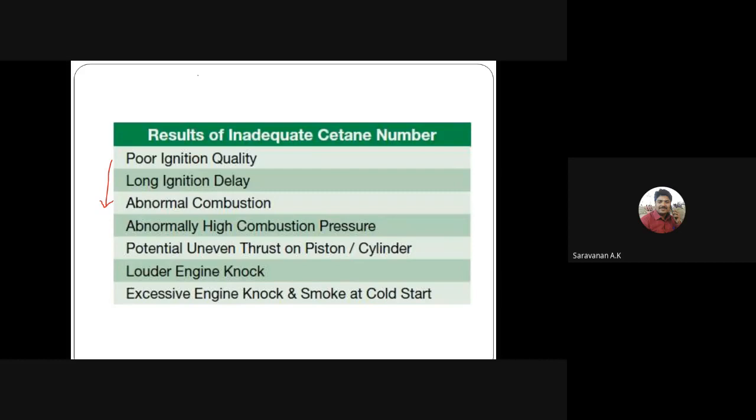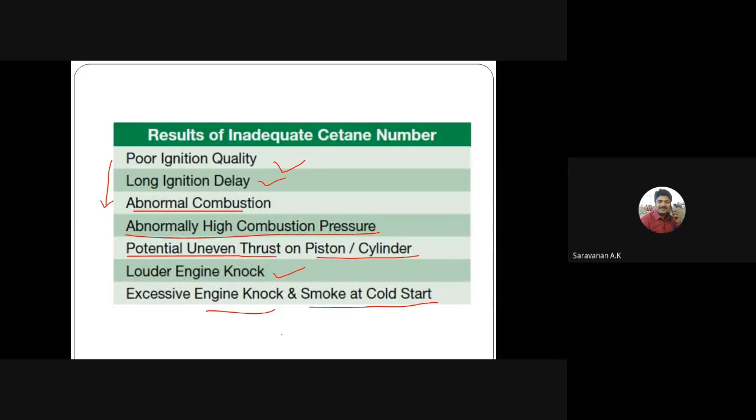Poor ignition quality, long ignition delays, abnormal combustion, abnormally high combustion pressures, sudden pressures, pinging sounds, potential uneven thrust on the piston or cylinder, louder engine noise and excessive engine knock, and smoke at cold start. So these are the octane rating and the cetane rating.